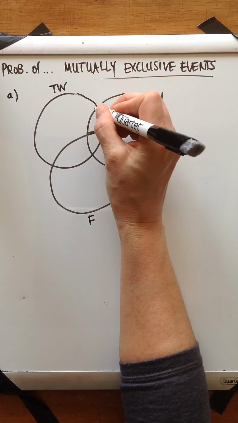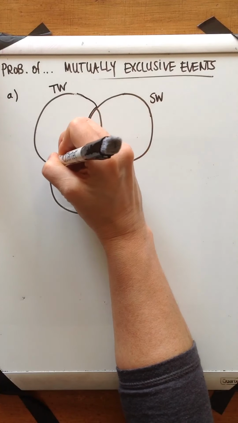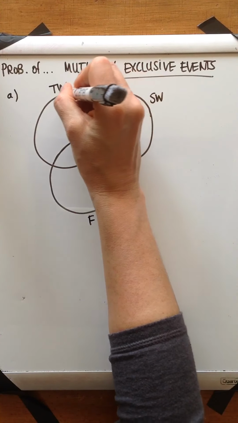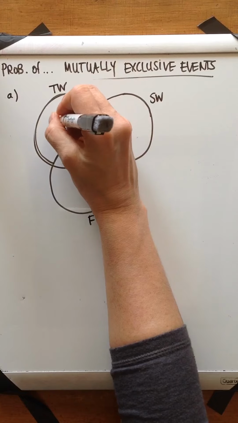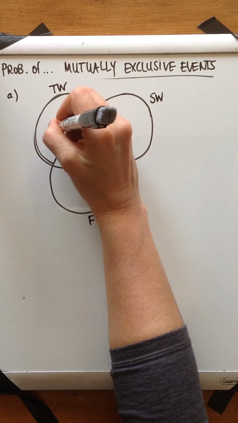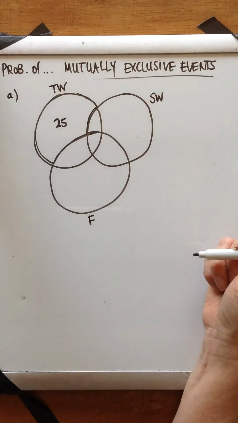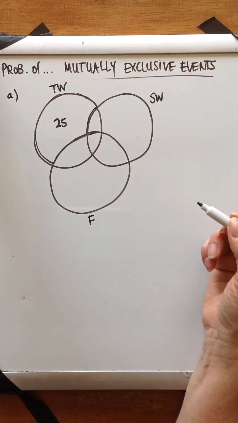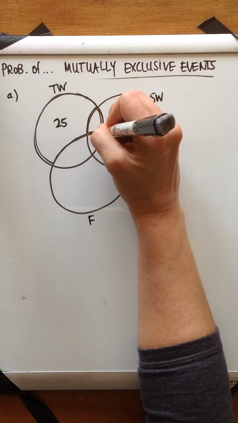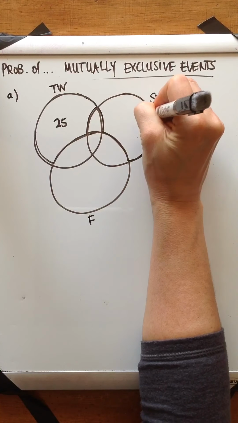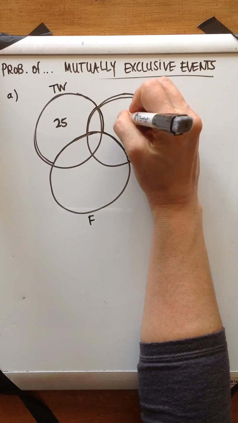So in this section right here of the Venn diagram, we can put 25. You don't have to worry about some subtractions. This is a kind question. It says 19 subscribe to Star Watch only. So that's this section over here of the Venn diagram. We can put a 19 in.